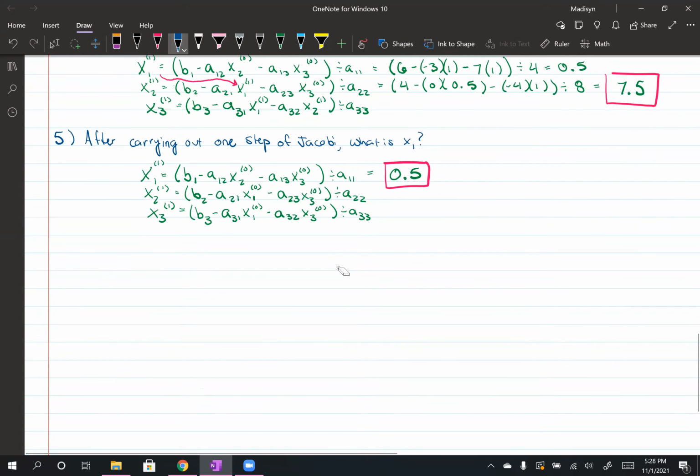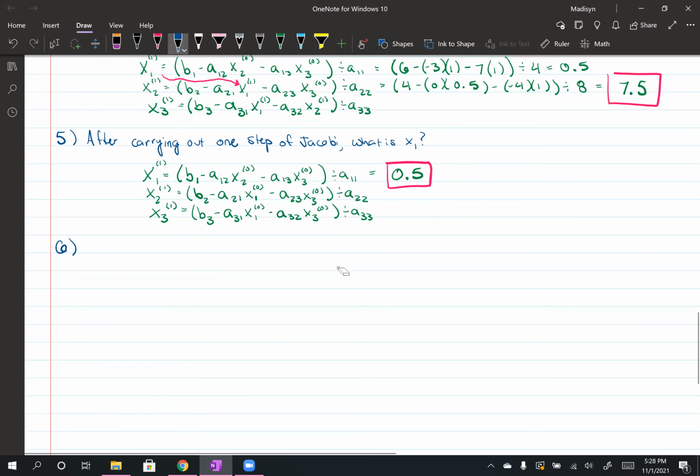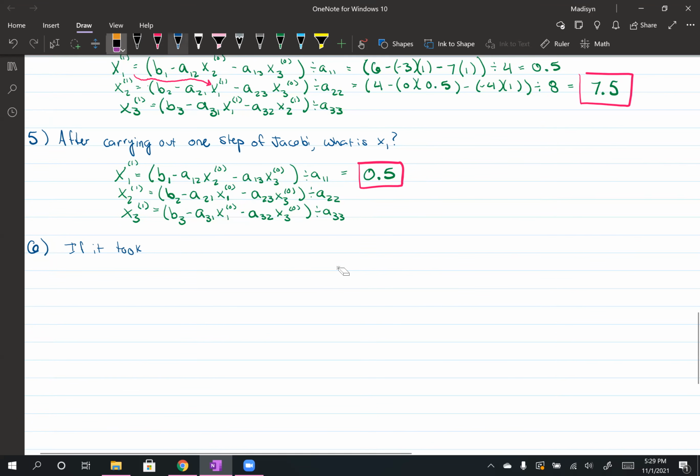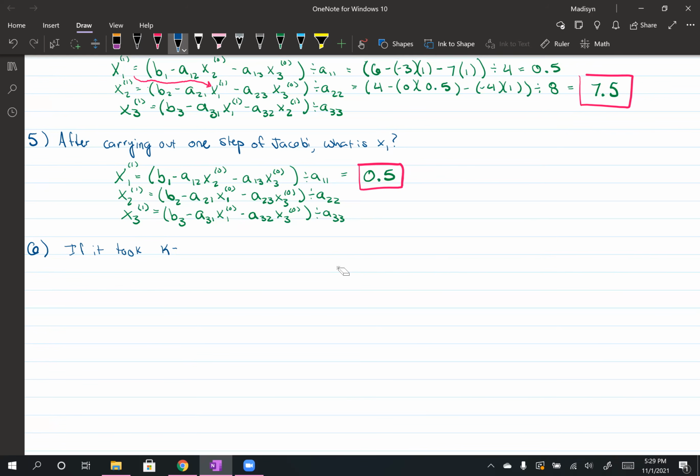So, the question would be, say, if it took k equals 5 Gauss-Seidel iterations.